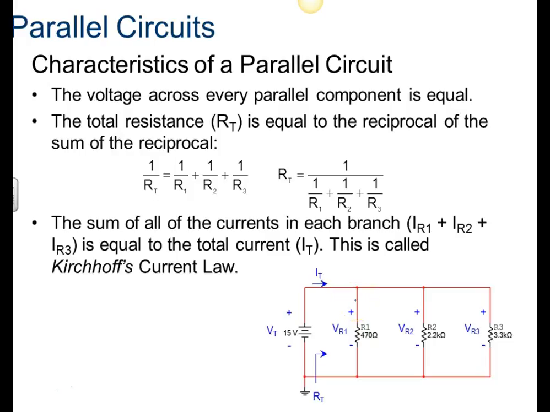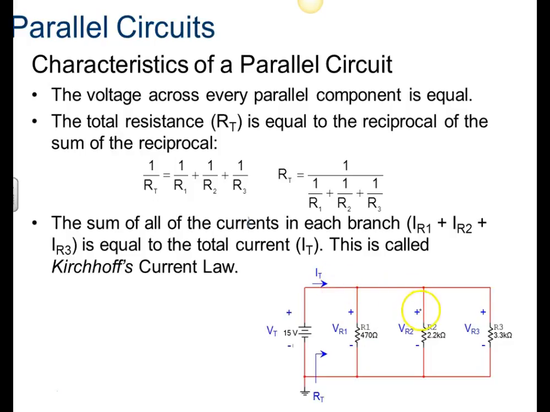So let's look at the characteristics of a parallel circuit. We've got the voltage across every parallel component is equal. And that makes sense if you realize that as we go from the positive side to the negative side of this battery, we're changing our potential energy by 15 volts. It's not exactly correct the way that I said that, but 15 volts is the potential energy change.